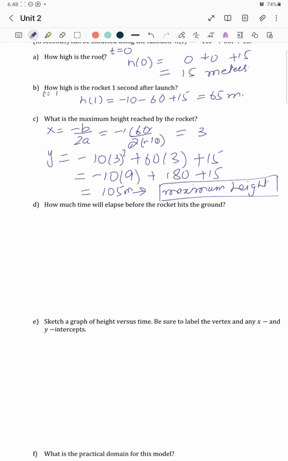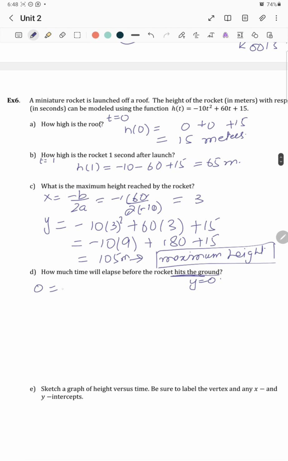So we need to find when it hits the ground. It hits the ground means y is going to be 0. So y is 0 means 0 is equal to -10t² + 60t + 15.